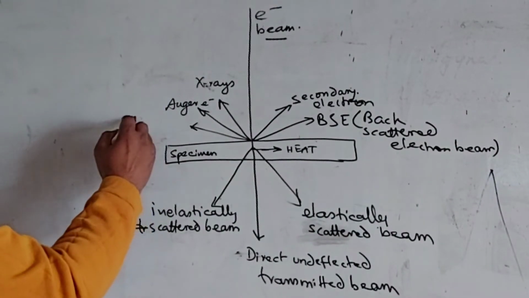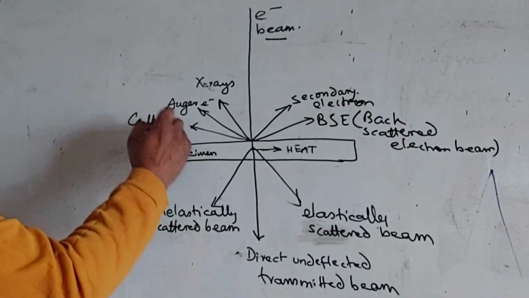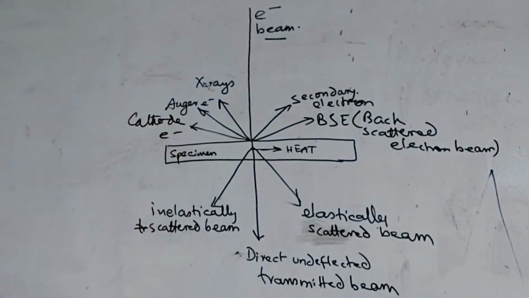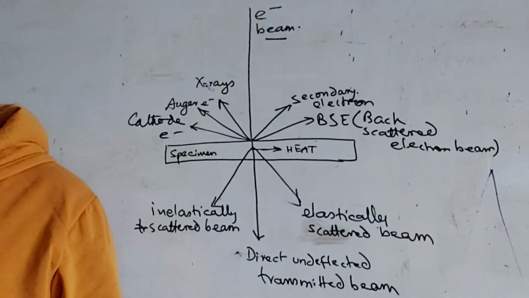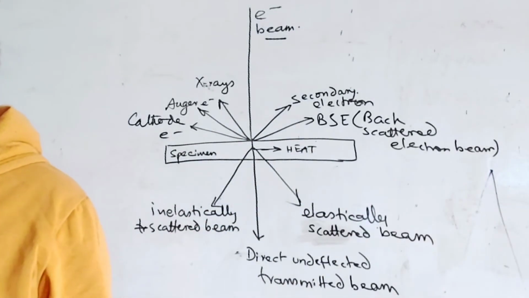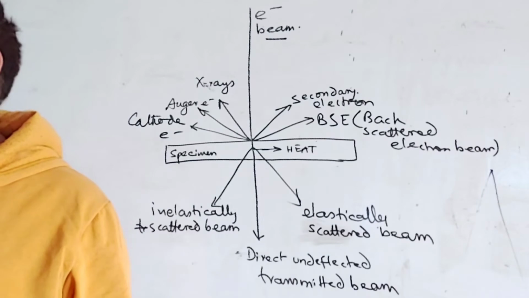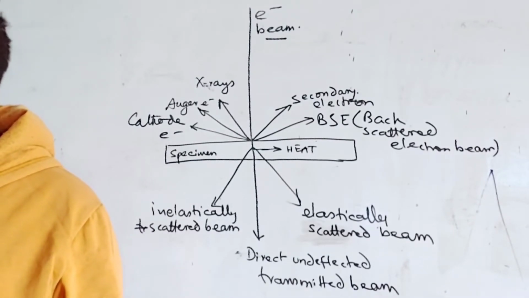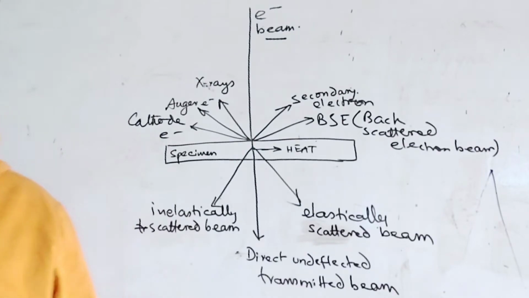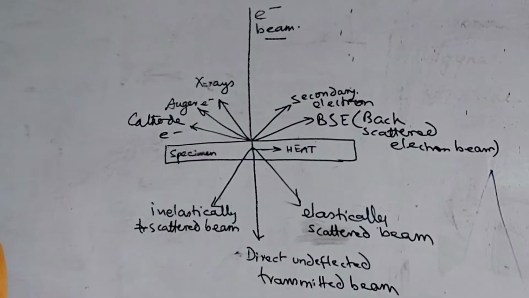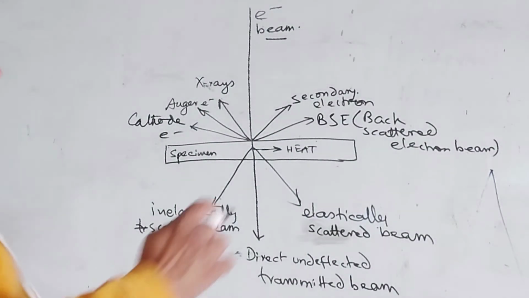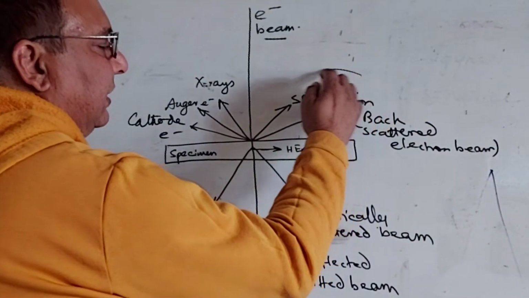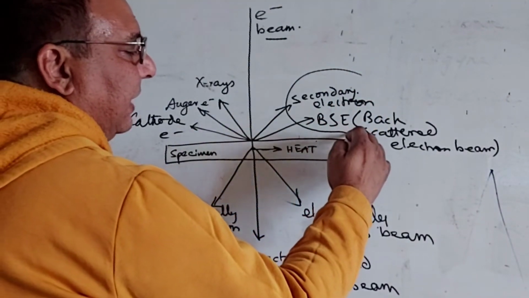This is cathode electron beam. Okay, so these many kinds of reflected electron beams and transmitted electron beams are being generated when a high velocity electron beam strikes this object. For scanning electron microscopy, you use these two, secondary electron and backscatter electron.